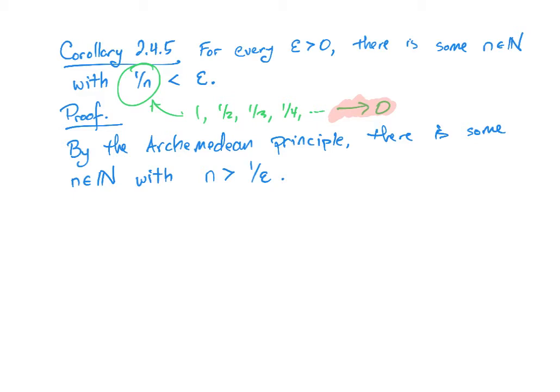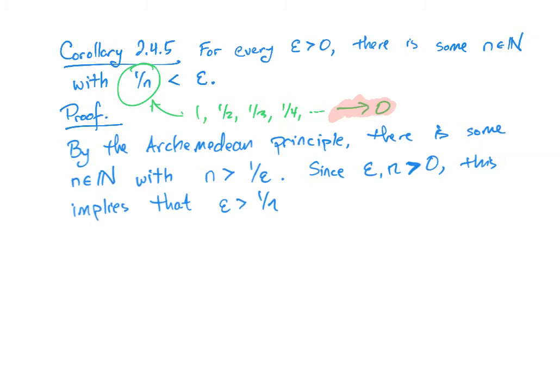And now I just want to use the order properties, right? Epsilon is greater than 0, so I can multiply both sides by epsilon. Since epsilon and n are both greater than 0, I should say, this implies that epsilon is greater than 1 over n.